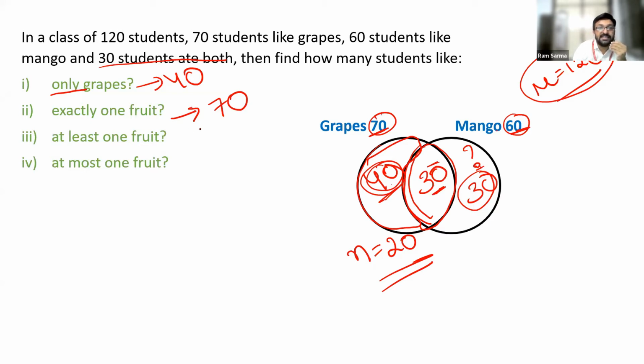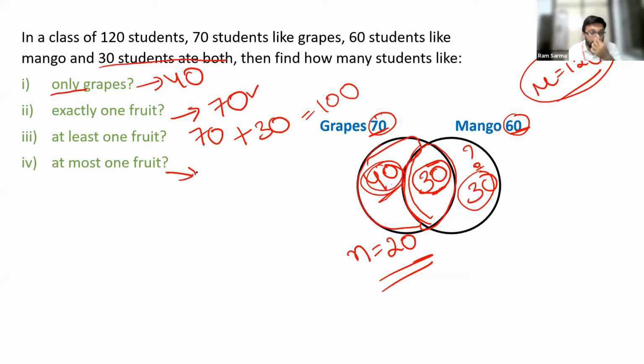Exactly one is 70, as we discussed earlier, plus students who like more than one. There are 30 members who like grapes as well as mangoes. So 70 members like exactly one, 30 members like more than one, so 70 plus 30 gives you 100.